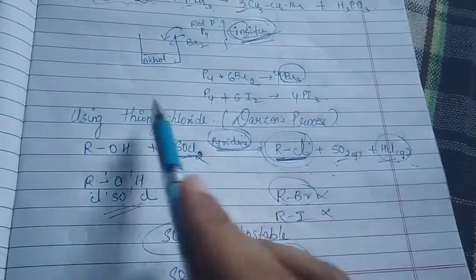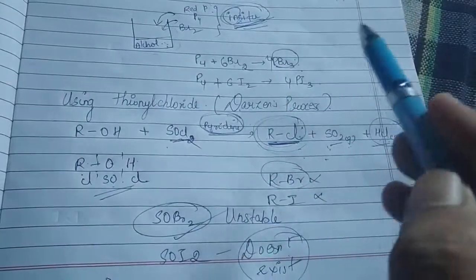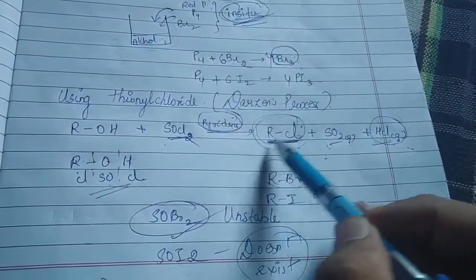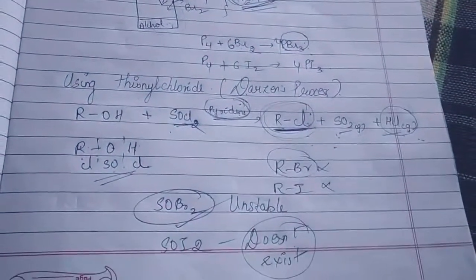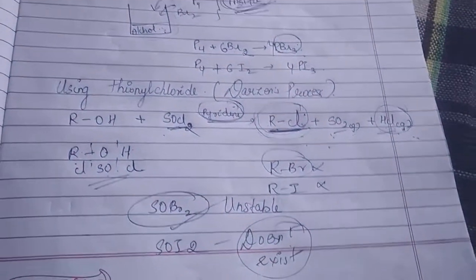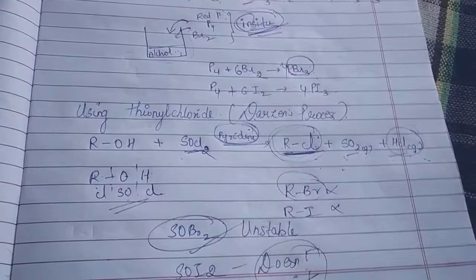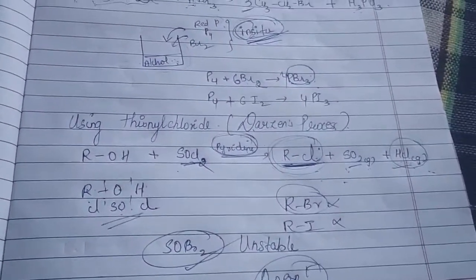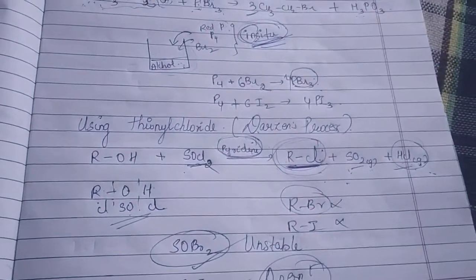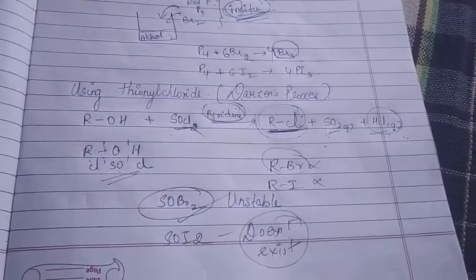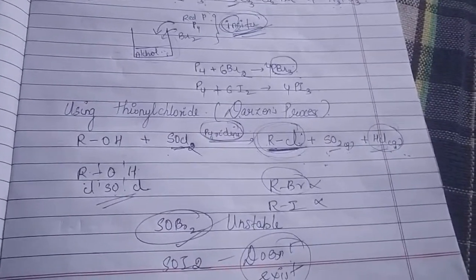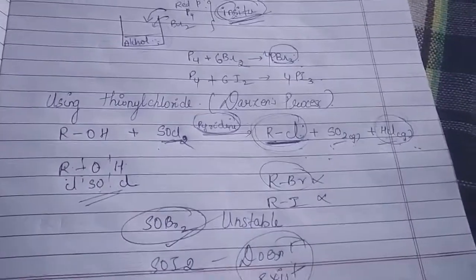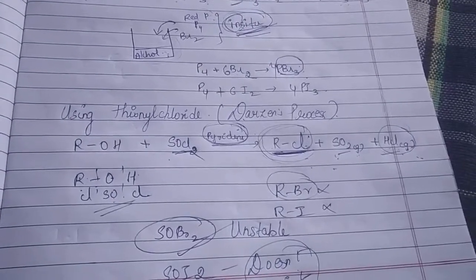So that is the reason this Darzen's process is mainly utilized for the preparation of alkyl chlorides itself. I'm repeating once again, through this Darzen's process we can only obtain alkyl chlorides. You should not mention alkyl halides. Is that okay?